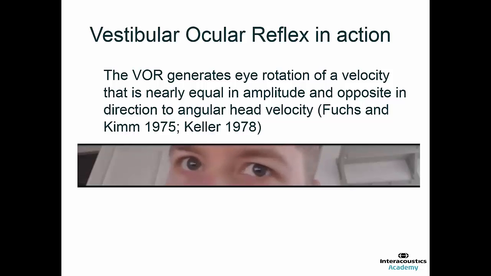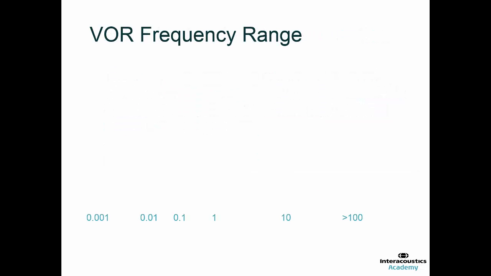So what that means is that when my head moves to the right, my eyes are going to move in an equal and opposite direction. It is looking at these eye movements which is going to tell us how well the lateral semicircular canals are working. And this is the reflex that we're going to be testing with all 3 vestibular tests today.